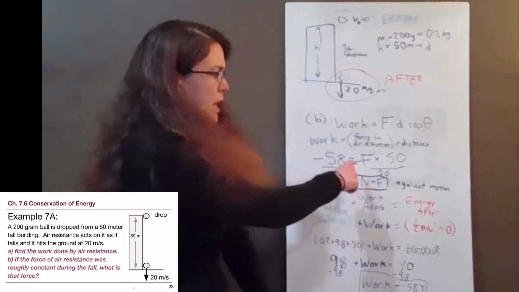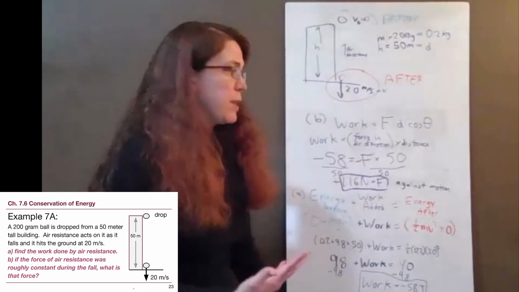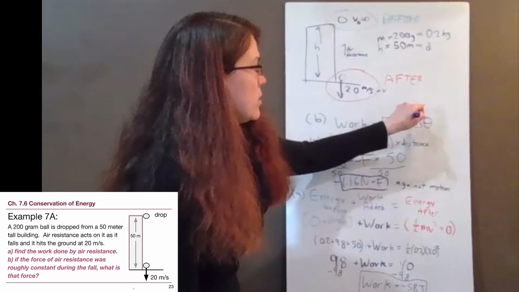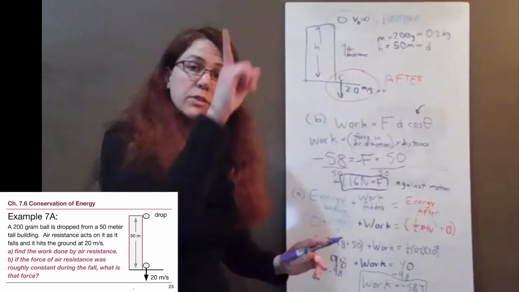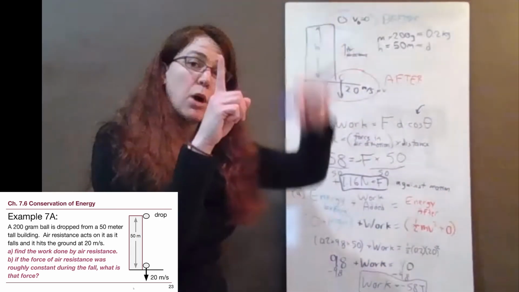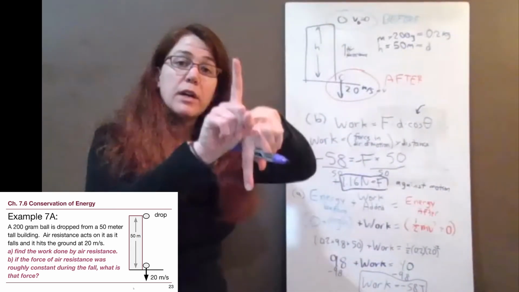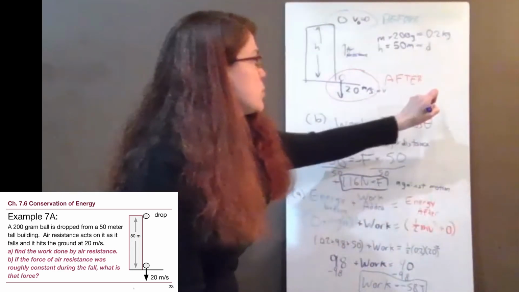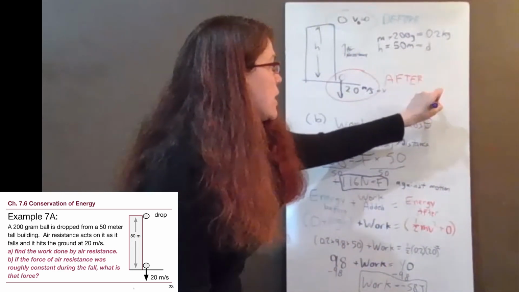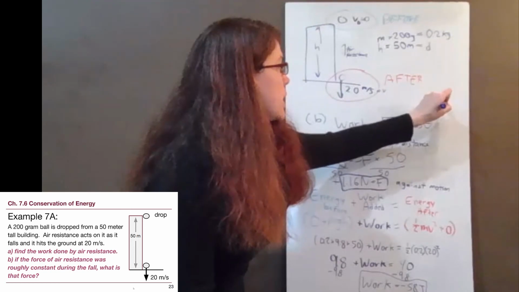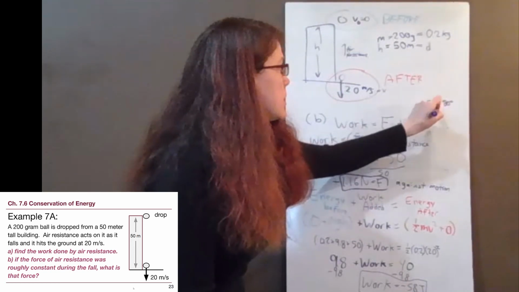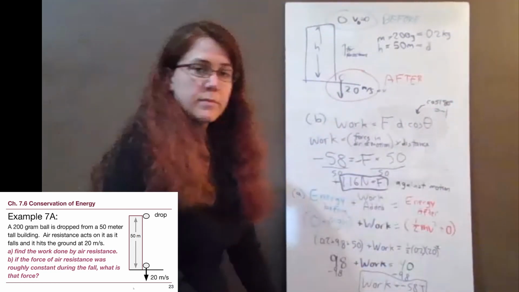We can also get that negative number by thinking about the cosine of the angle, where if air resistance is pointing up and the ball is falling down, the angle between those two would be 180 degrees. And the cosine of 180 degrees is equal to negative 1.